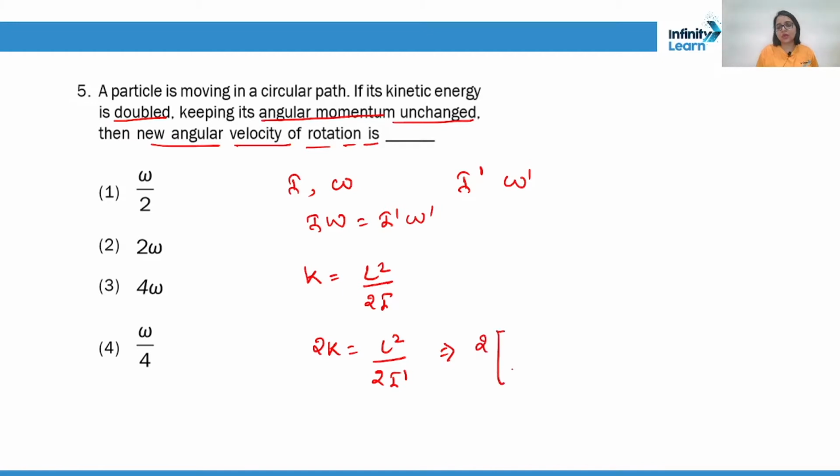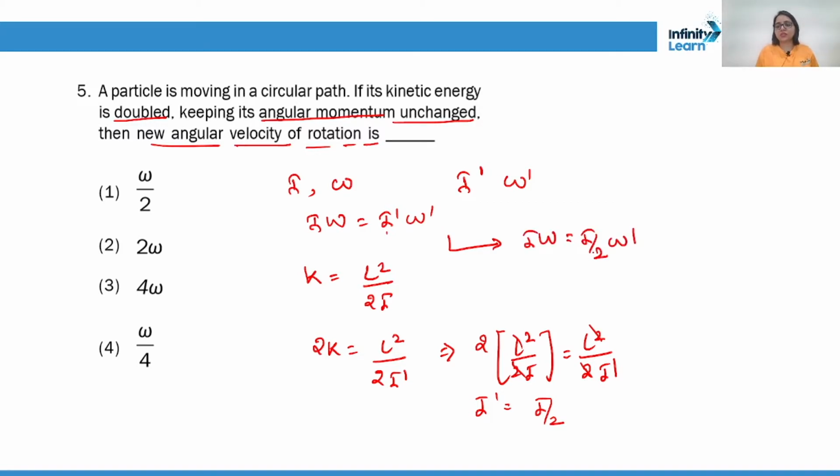So 2 times L square upon 2I equals L square upon 2I dash. So these terms will cancel each other, and we'll have I dash equals I by 2. Now put the value of I dash in this relation. So I omega equals I by 2 omega dash. So in this case, omega dash will be 2 omega, which is option 2.